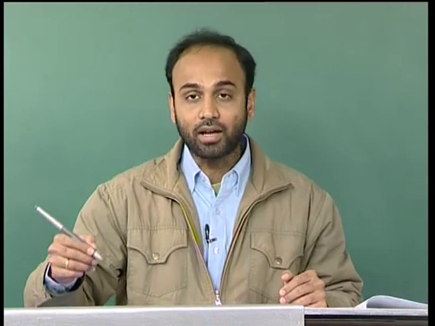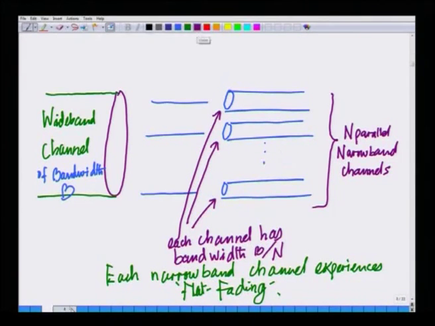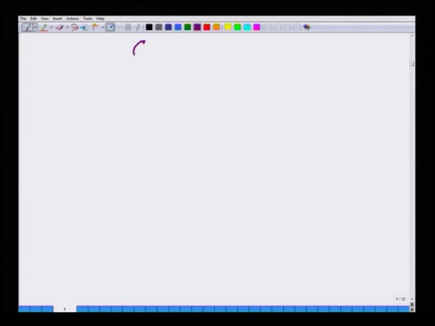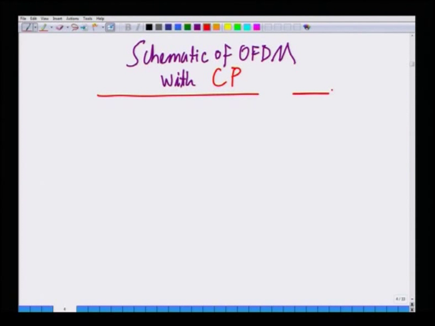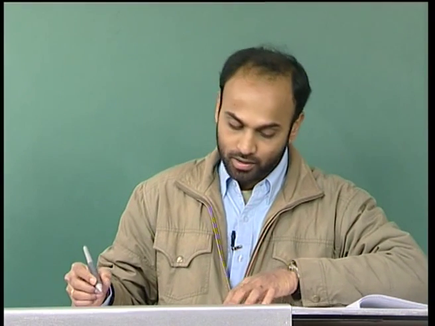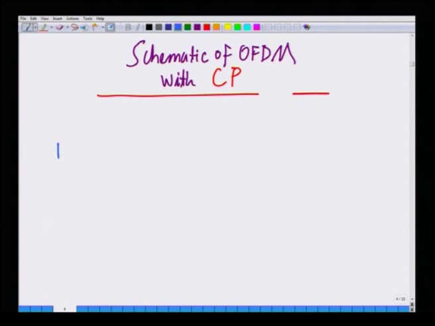And let me now draw a schematic for this OFDM system with the cyclic prefix. So, I have something extremely similar, except now I am adding the cyclic prefix. I have a block for serial to parallel conversion.